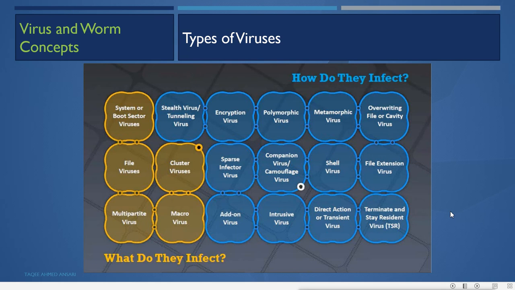There are stealth viruses, that is tunneling virus, encryption virus, polymorphic, metamorphic, overwriting file or cavity virus, file extension virus, shell virus, companion virus, which can also be called camouflage virus, space infector, cluster, file virus, multipartite virus, macro, add-on virus, intrusive virus, direct action or transient virus, terminate and stay resident virus. These are the different types of viruses we have.